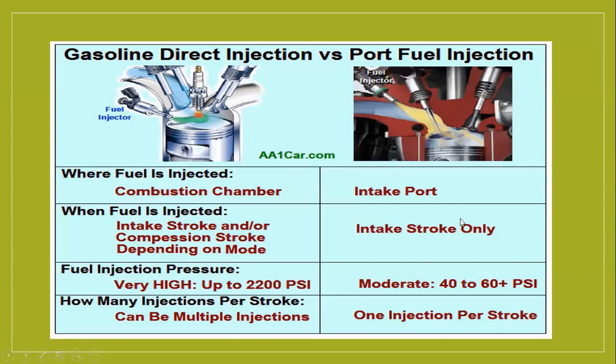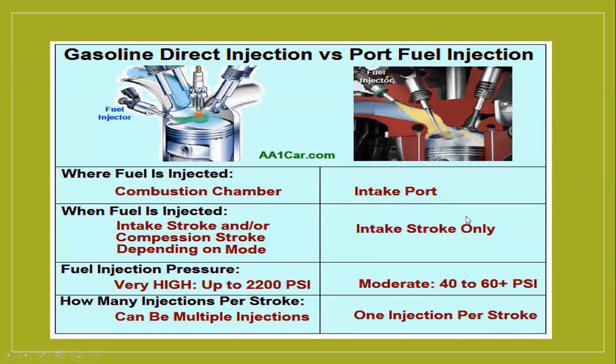So there are 2 to compare. You see direct injection and port fuel injection. There are 2 types of injection. Sometimes the injection is into the intake manifold also. That is why they tell you here, combustion chamber. That is called direct. So direct and port injection.